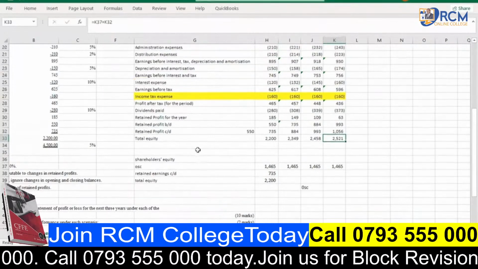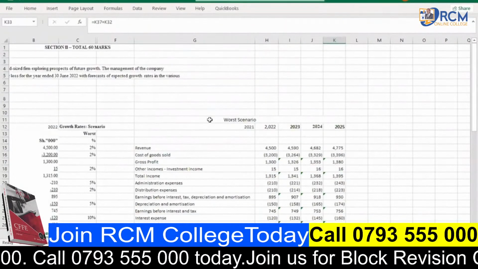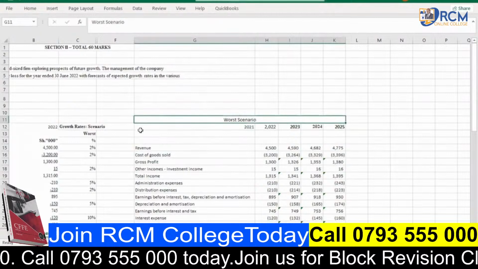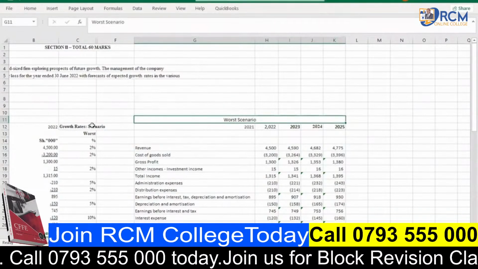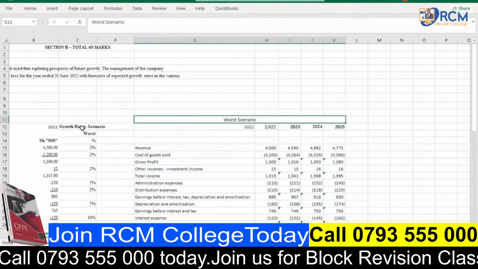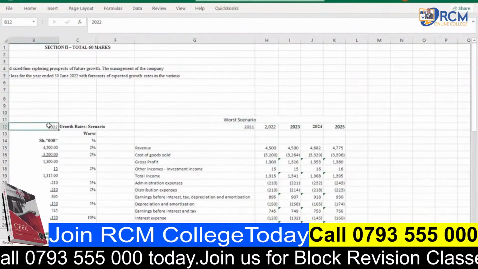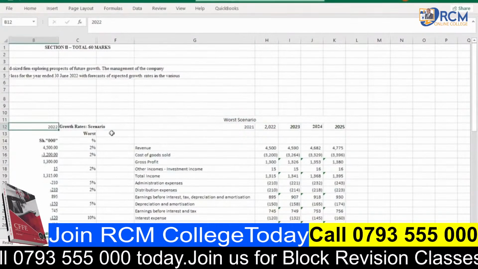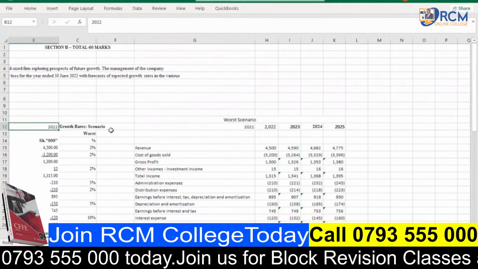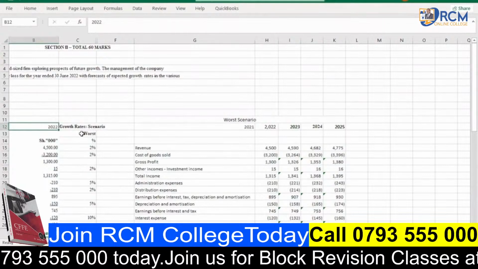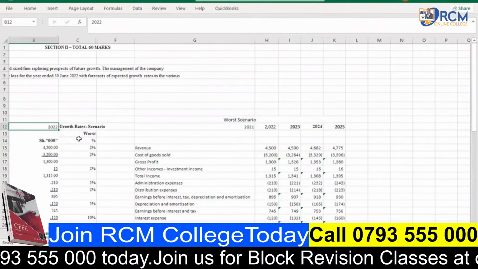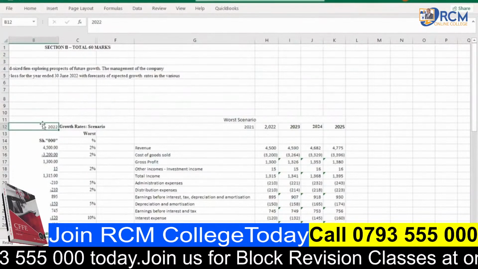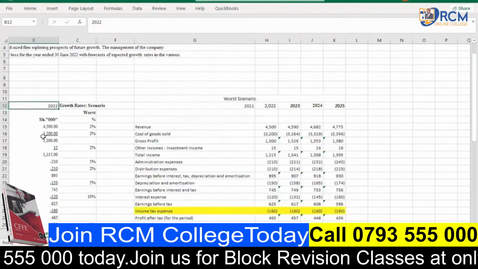Okay, na nimesema, as you work out the worst case scenario, you assume that there is no best case. The only thing you have is 2022. If you're going to go for the best case scenario, you will assume that you don't have worst, you don't have best. What you have is the values for 2022.